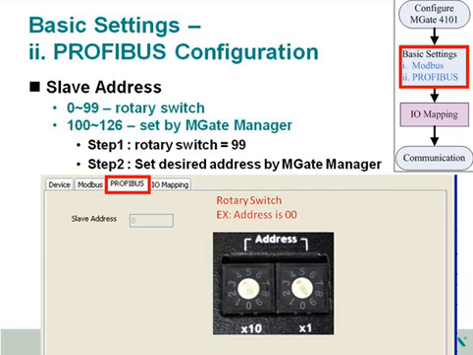However, if you want to set the address above 99, you will need to set the address to 99 on the rotary switch first, and then set the desired address into the MGate 4101 with the MGate Manager utility, just like the snapshot here. After this, you have completed the second step of configuring the MGate 4101.